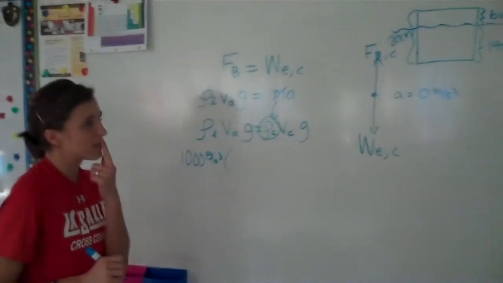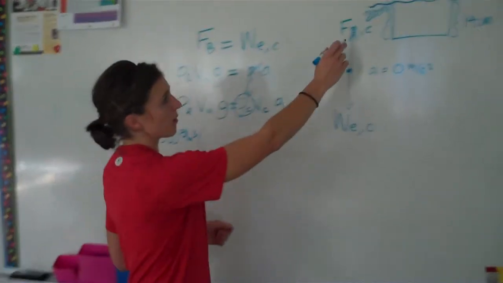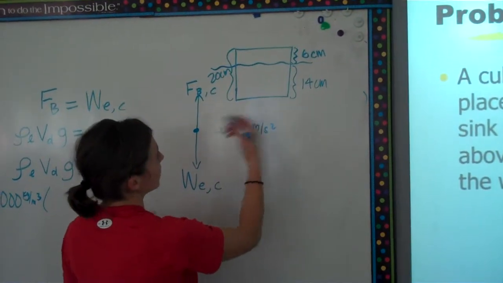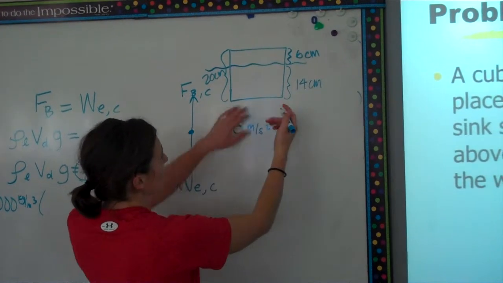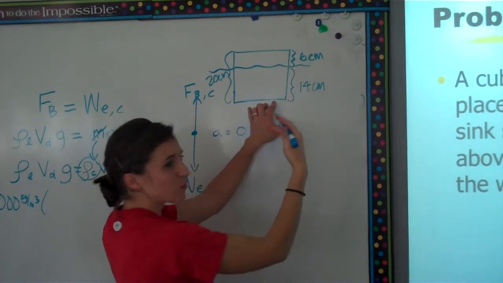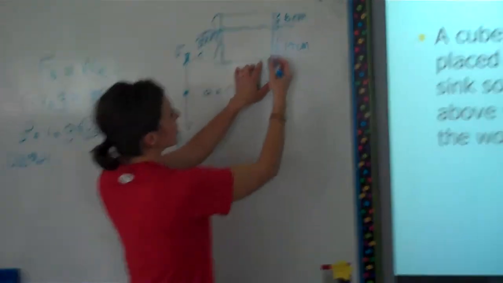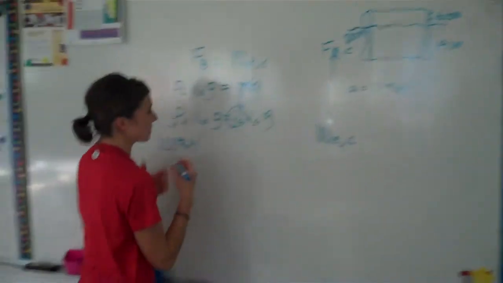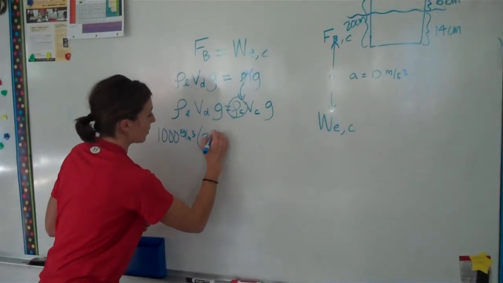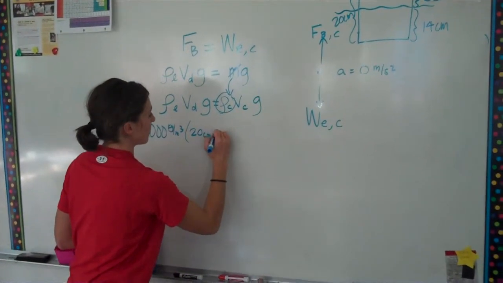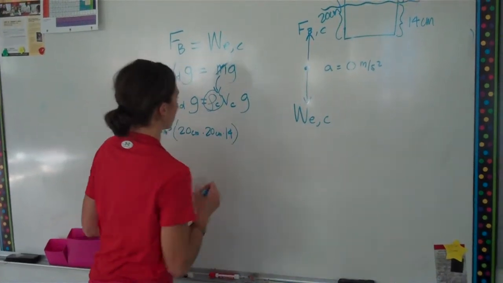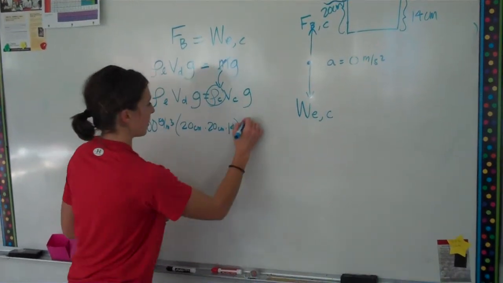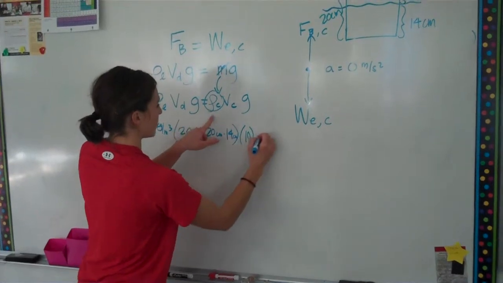What would the volume displaced be? Well, let's look back up here. I know that this is a cube, so it's going to be 20 by 20. And then displaced means what's underwater, so it's going to be times 14. So my dimensions are 20 centimeters by 20 by 14 centimeters, and then times gravity.